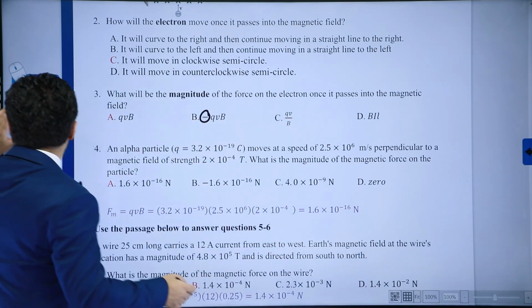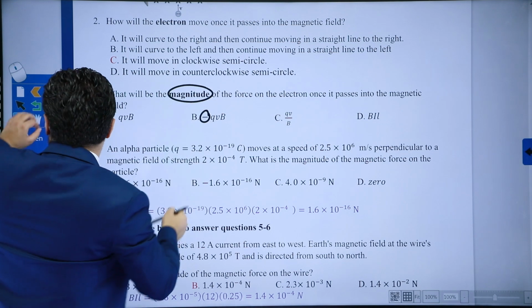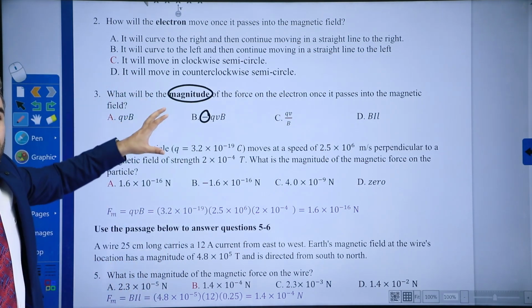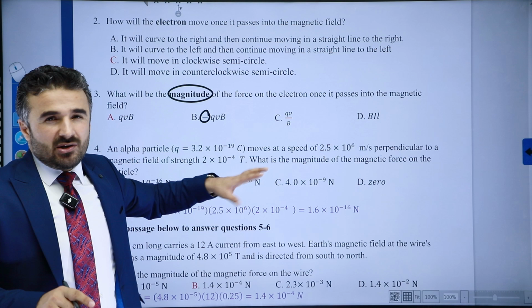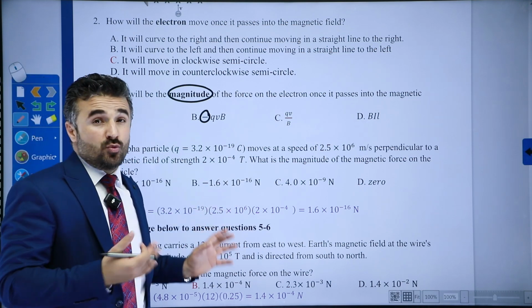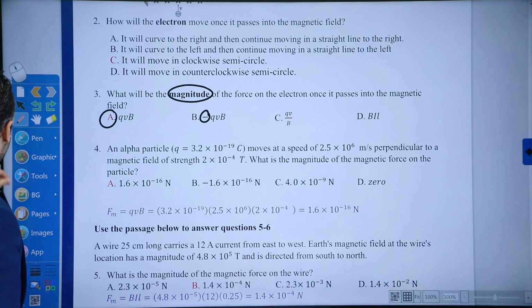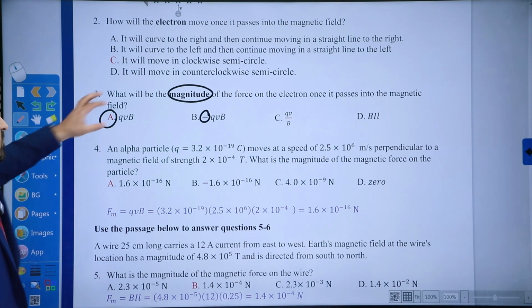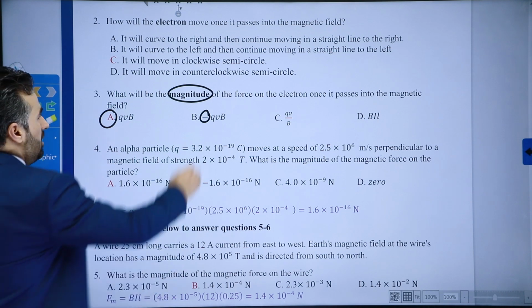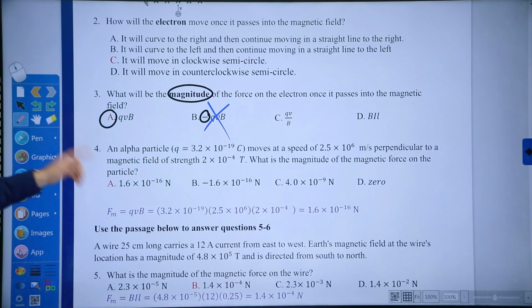Whenever it says the magnitude, please make sure that you underline or bold it. Whenever it says a magnitude, that means no direction, no positive or negative is concerned here. We just want the value. So in this case, the correct option is going to be QVB, that is the magnetic force. Please be aware of this because you might make mistakes here. So not B, the correct one is A here.